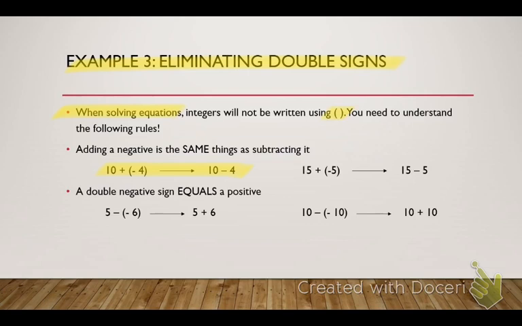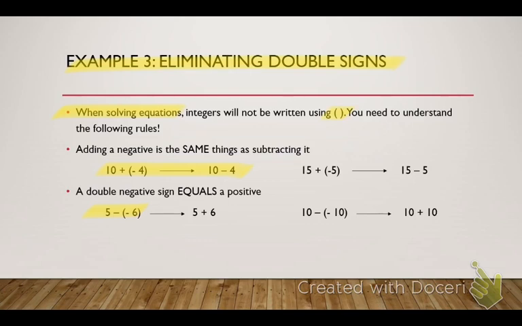All right, same thing over here on the second one. 15 plus negative 5 is the same thing as writing it 15 minus 5. Okay, so you just need to understand that. All right, what do you see here in the second one? A double negative sign changes to a positive.